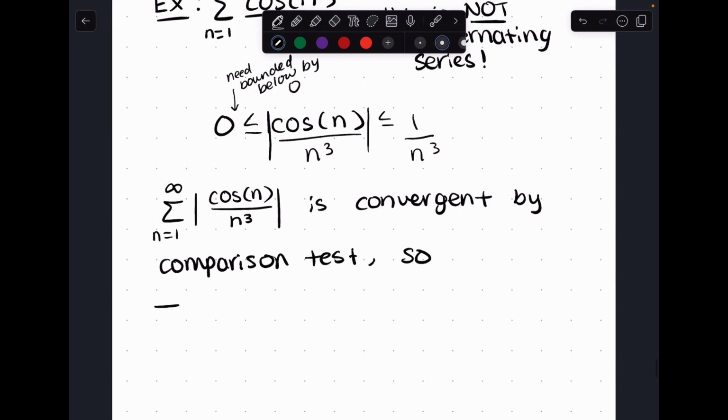So we have that the series from n equals 1 to infinity of cosine of n over n cubed is absolutely convergent.